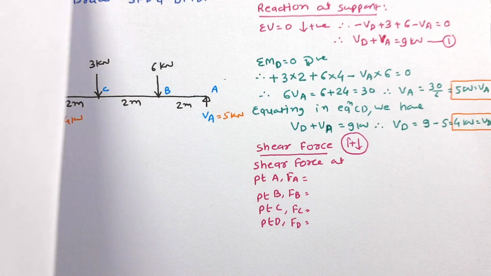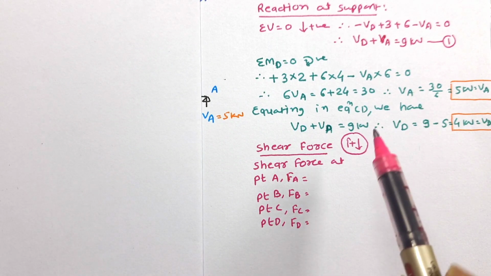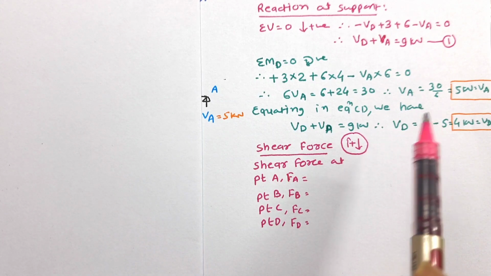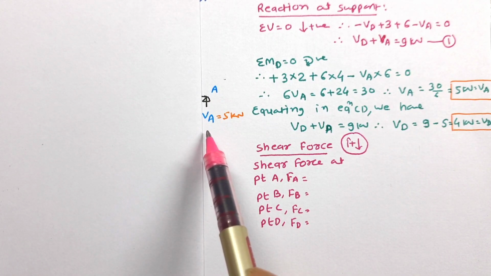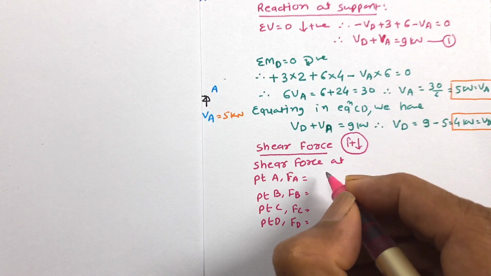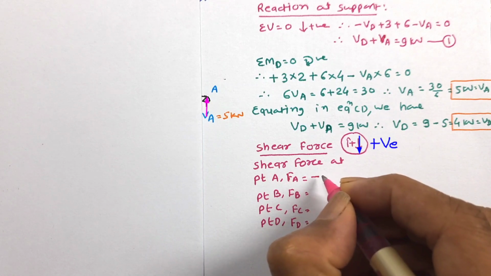So let us start at point A. According to sign convention, when we start from right hand side, downward is positive and at A point only one reaction Va is there which is in upward direction, so it will be negative.